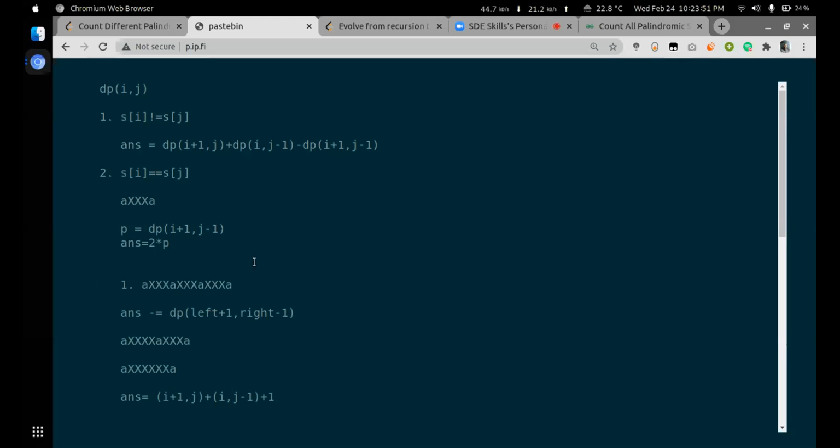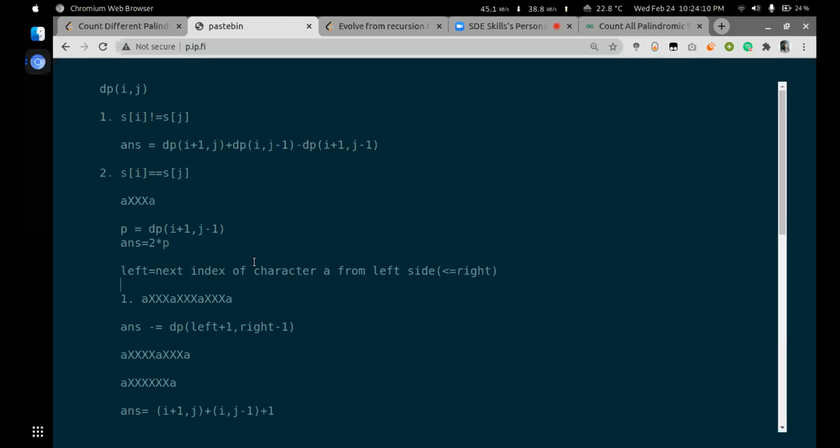So I will just declare here what left is. Left is the next index of character A from left side, but it is always less than or equal to the right endpoint. We'll see why this is important.